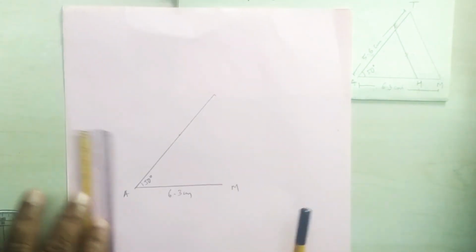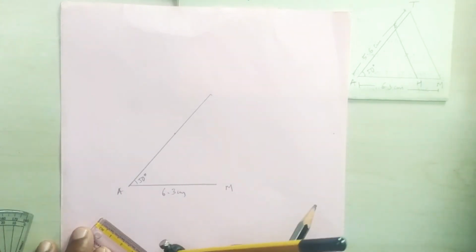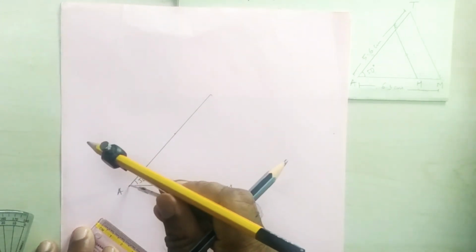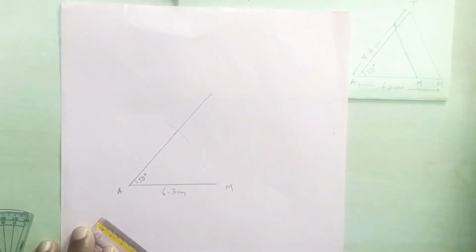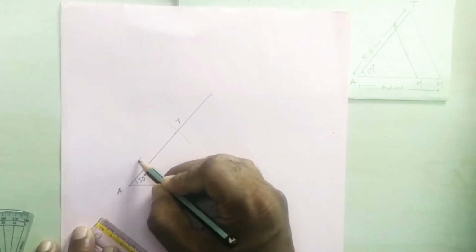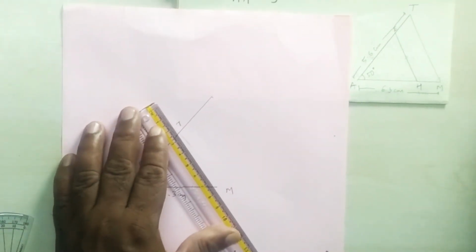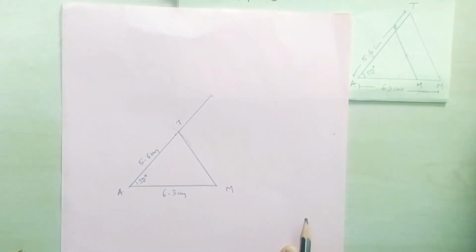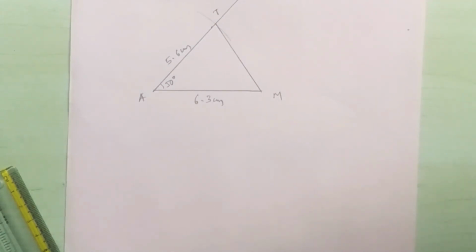Now with the help of compass, take length equal to 5.6 centimeter in the compass, and from point A draw the arc. This is point T. AT is equal to 5.6 centimeter, and join TM.